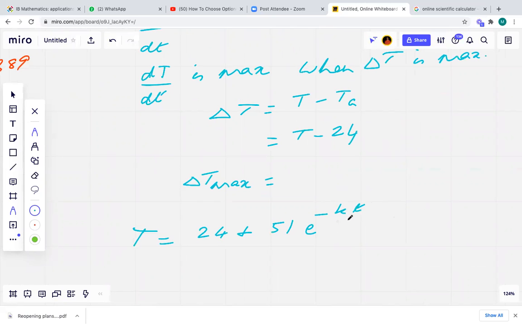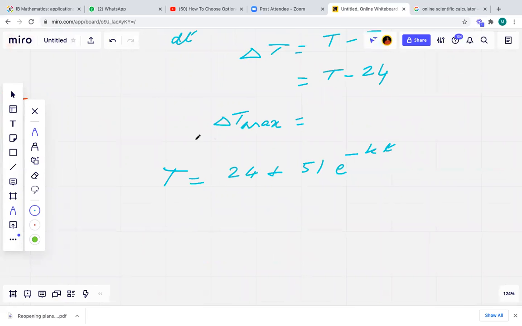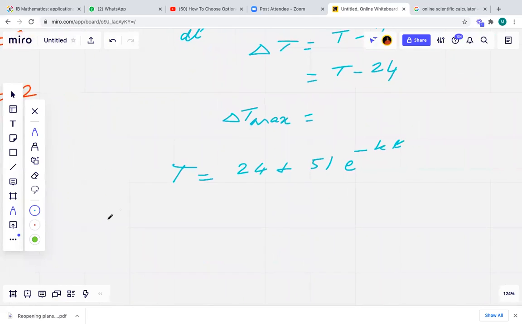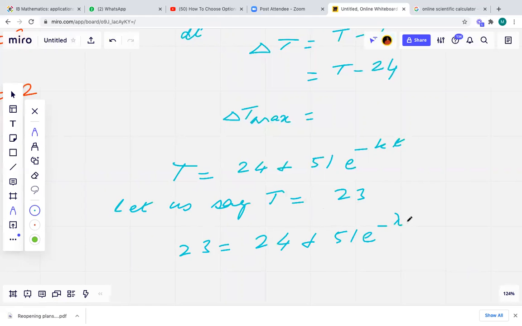Now this temperature cannot go below 24. Suppose it goes below 24, let us say T is 23. So it means 23 equals 24 plus 51 e to the minus kt.